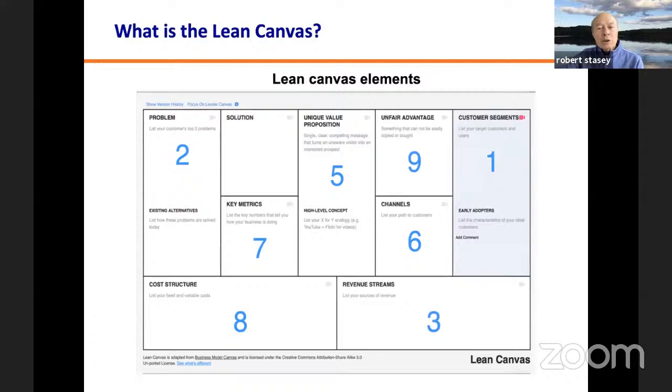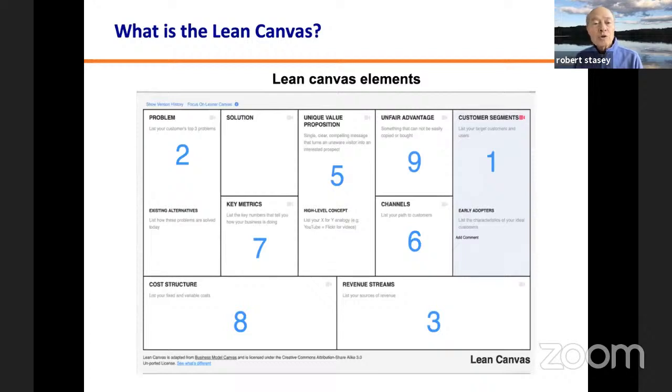There is an iteration on the business model canvas, and it's called the Lean Canvas. This has its value, and we're going to go through a couple of examples, and I will show the differences between the Lean Canvas and the original business model canvas.